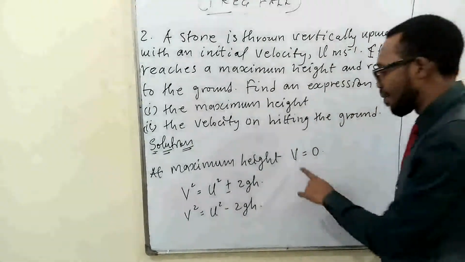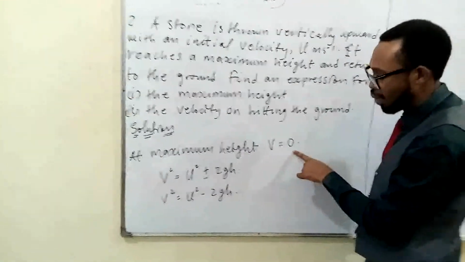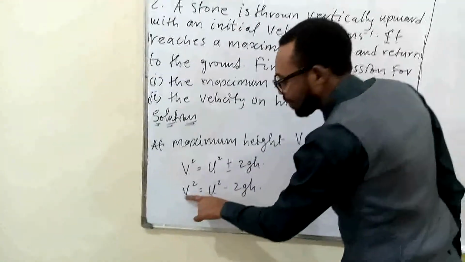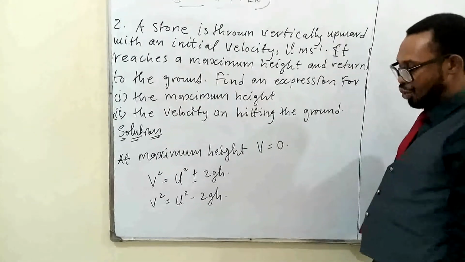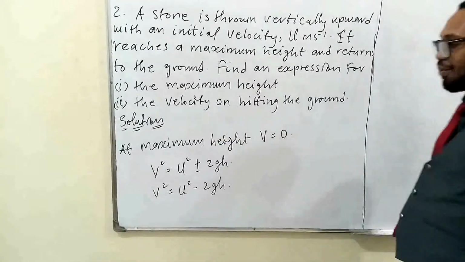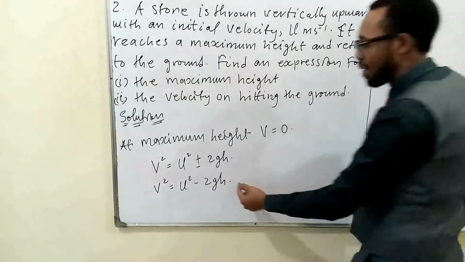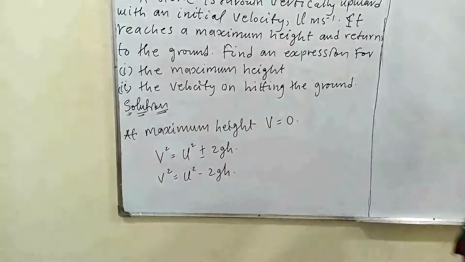Now, from here, we have shown that at maximum height, V is equal to 0. That is, the final velocity is equal to 0. So how do we derive an expression for the maximum height? It simply means making h the subject of the formula.